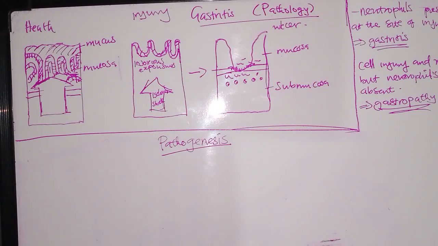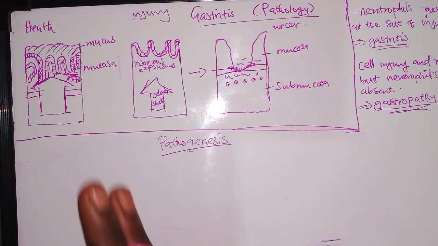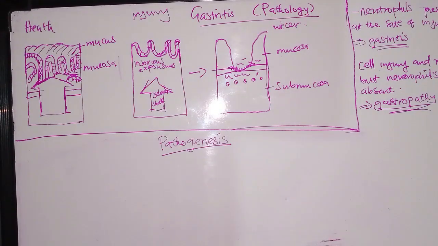That acid is very dangerous to the stomach lining itself. So that's why the stomach has several protective mechanisms which help it protect itself from the hydrochloric acid.